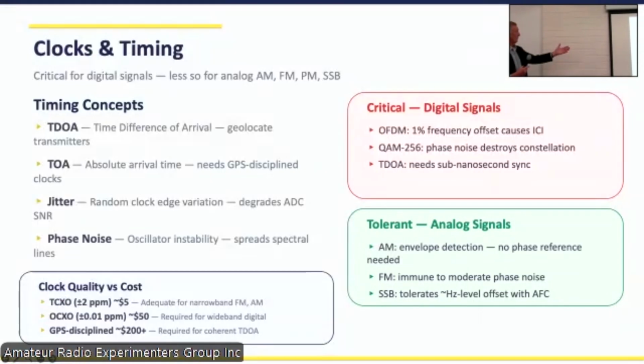So when you've got a good clock, and we're talking about accuracy sub 10 to the minus 6, 10 to the minus 7, that's when you can start to do reasonably accurate distance calculations to your transmitter.